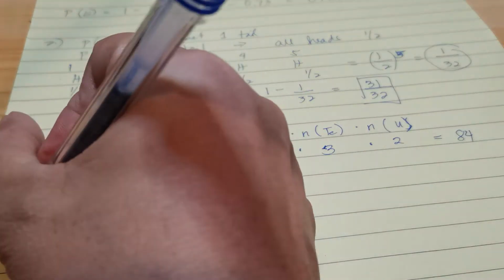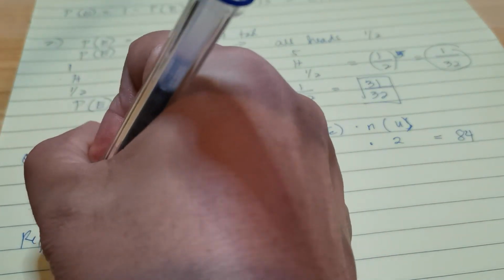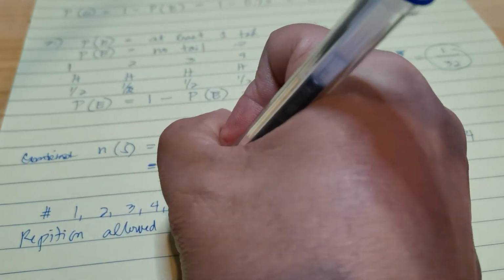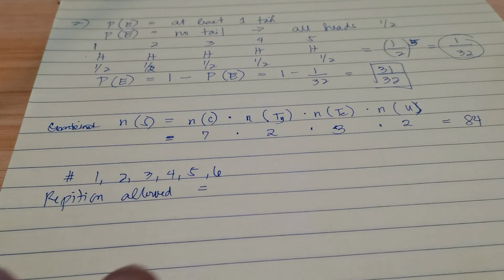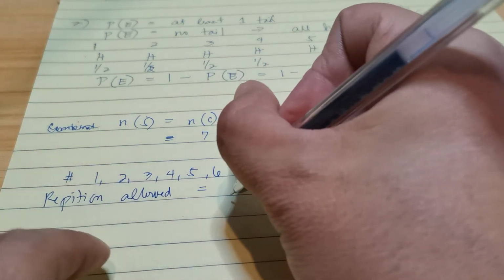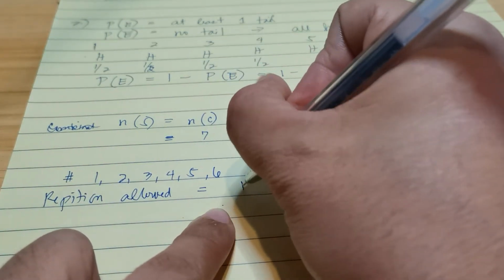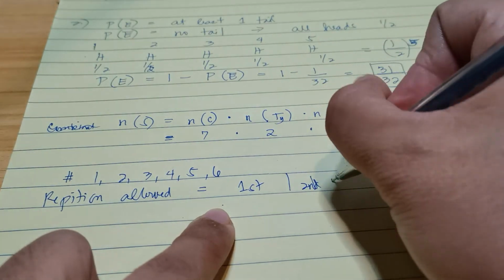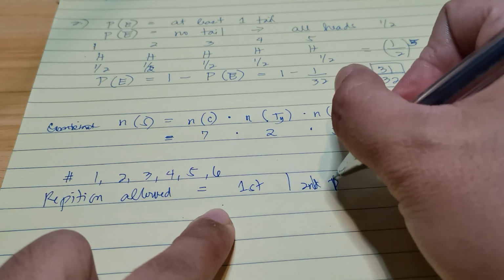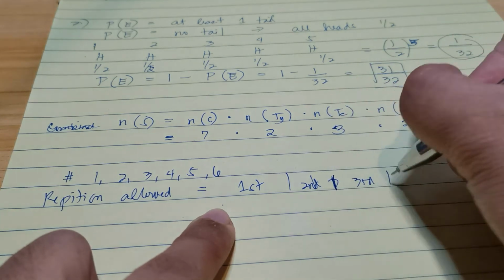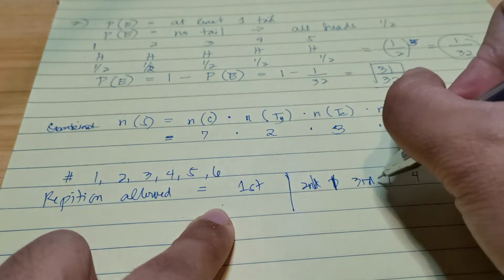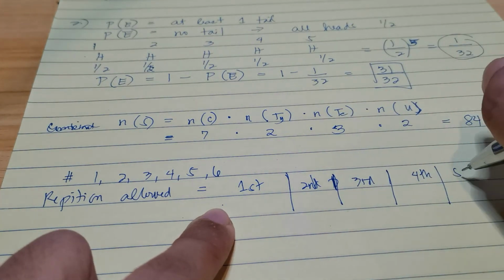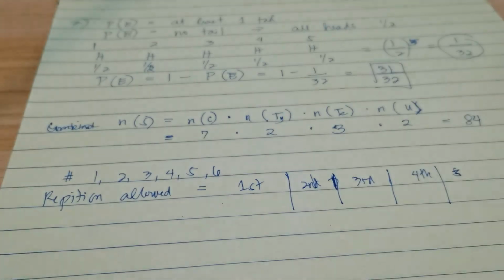Ayan. Kung repetition is allowed or permitted. Okay. So, ilang numbers ang pagpipiliin mo? Diba? Ito yung first digit. We have the second digit, the third digit, fourth digit, hanggang fourth lang pala kasi 4 na digits yon.